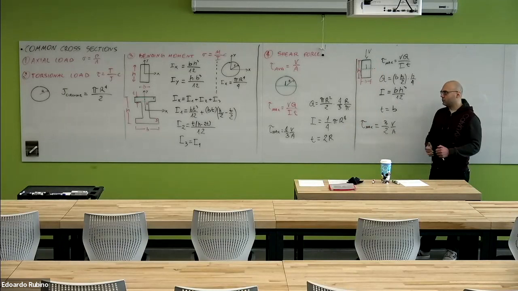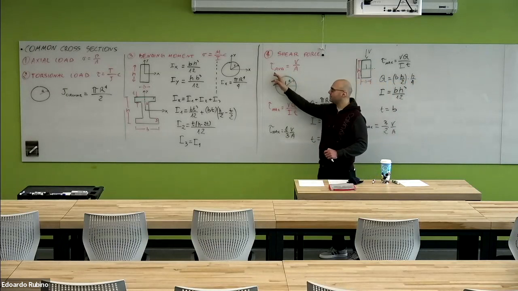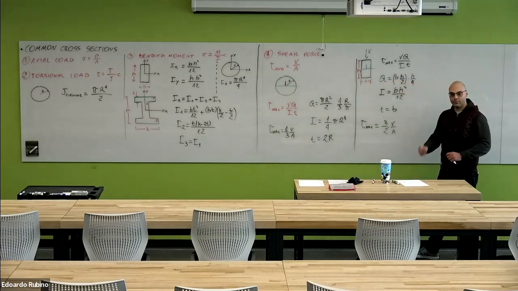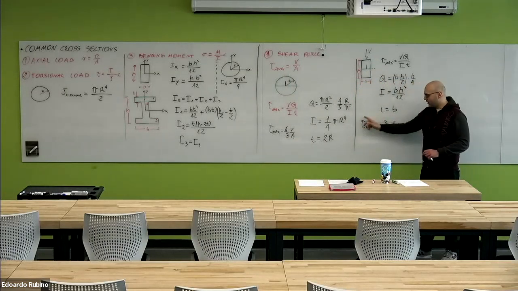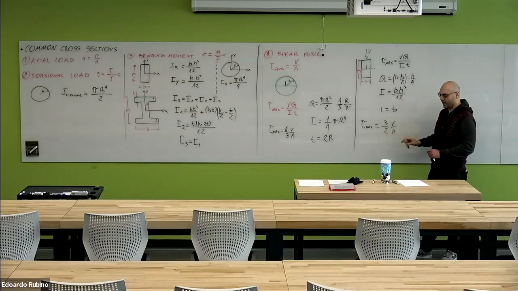So again, if we want to estimate the shear stress, we can use the average equation. But if we want to be more precise and we have to look at the failure of the material, we need to use the shear formula, and then we obtain that the maximum shear stress is equal to 3/2 V/A.